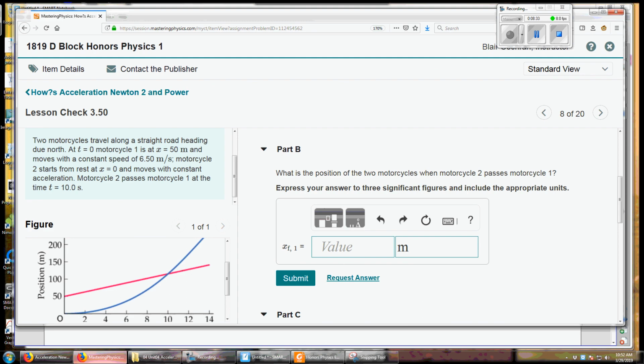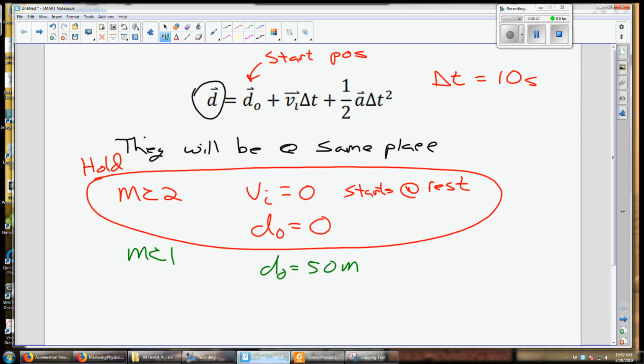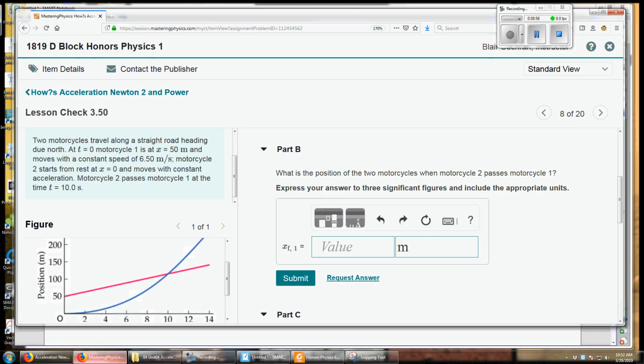And it moves at a constant speed of 6.5. If I have a constant speed, what's my acceleration? 0. I'm going to call that acceleration 1, because it's a different one. So my acceleration 1 is 0. And that means my V naught is, what did I say, 6.5? Yeah.